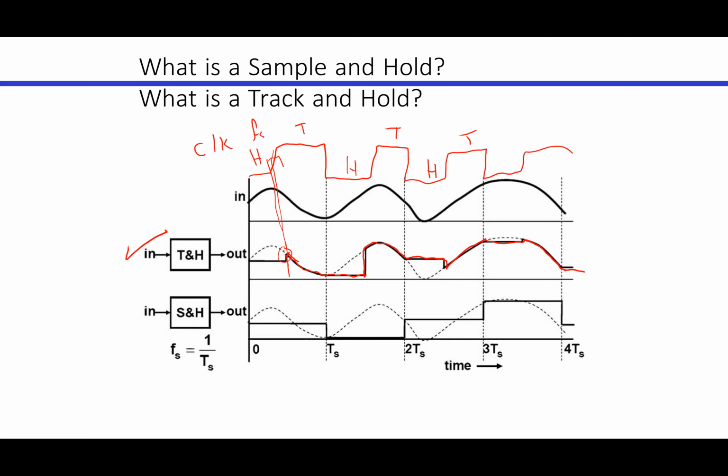That's not of importance for you. What you care about is the value that you hold. So whether it's a sample and hold or a track and hold, your ADC will capture the held value. Okay, ma'am, so we don't care whether it's track or sample and hold, because we will work on the held value.